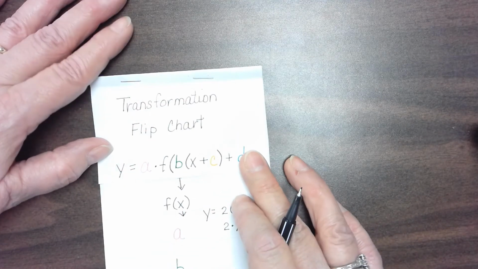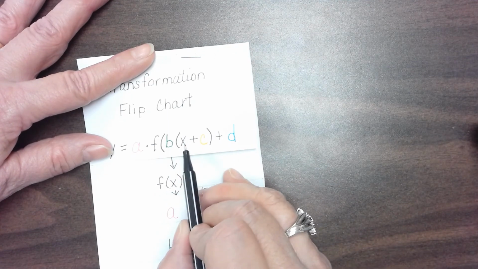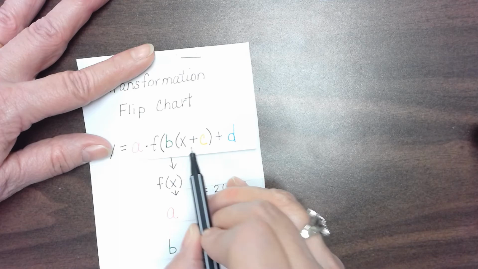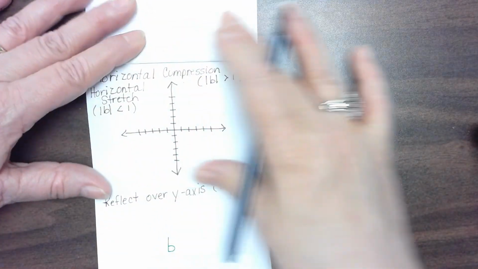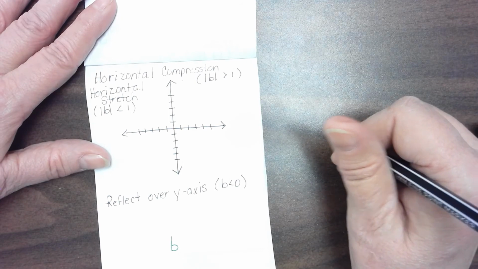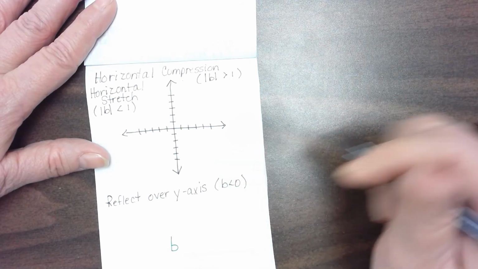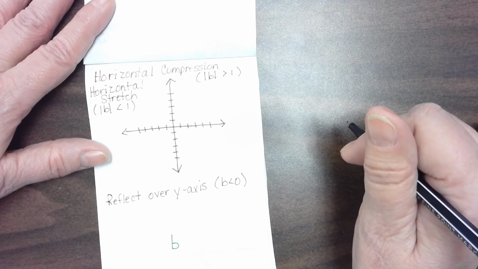Go back and see where B is in our chart. If B is being multiplied by x, then we are going to have the horizontal compression. Horizontal movement is controlled by your x coordinate, so you're moving left and right. That should make sense for us.